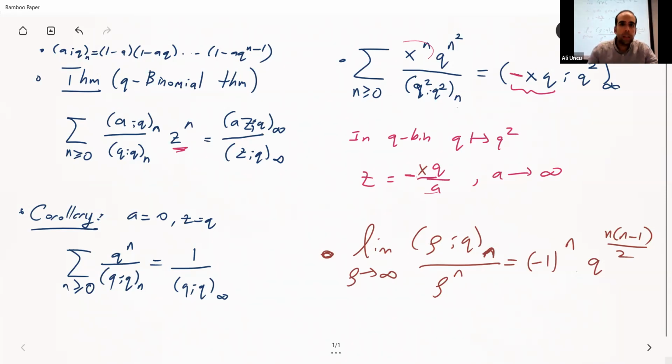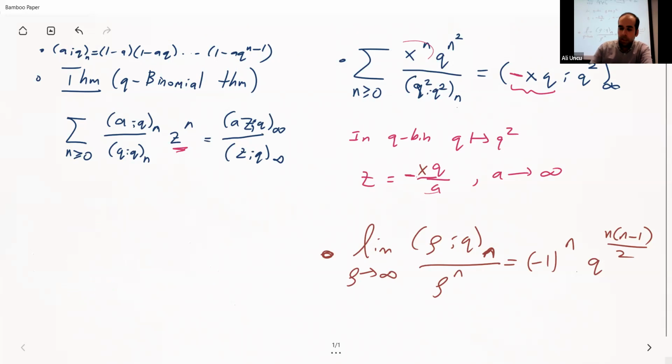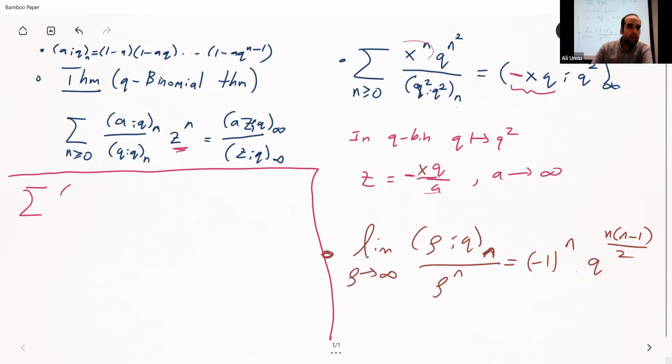Let's do it. So let's do the proof. I will raise it here, and we already did it last week, but it's always good to do that once again. So the first step is take every q to q squared, right? I mean, I take the q binomial, write everything with q squared. A q to the power 2 sub n divided by q to the power 2, q to the power 2 sub n.